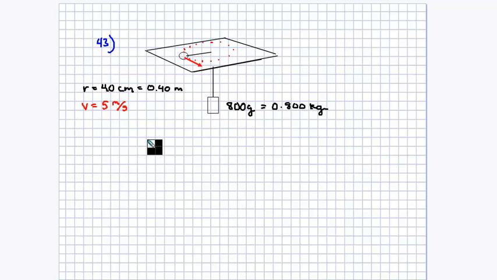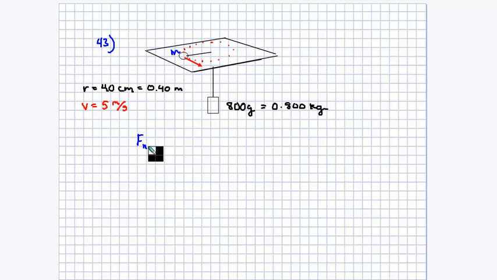And the goal on this problem is to find the mass of the puck. So we are after this, the unknown here is the mass of this puck. So let's begin by writing F net equals ma. That seems like a good place to start.